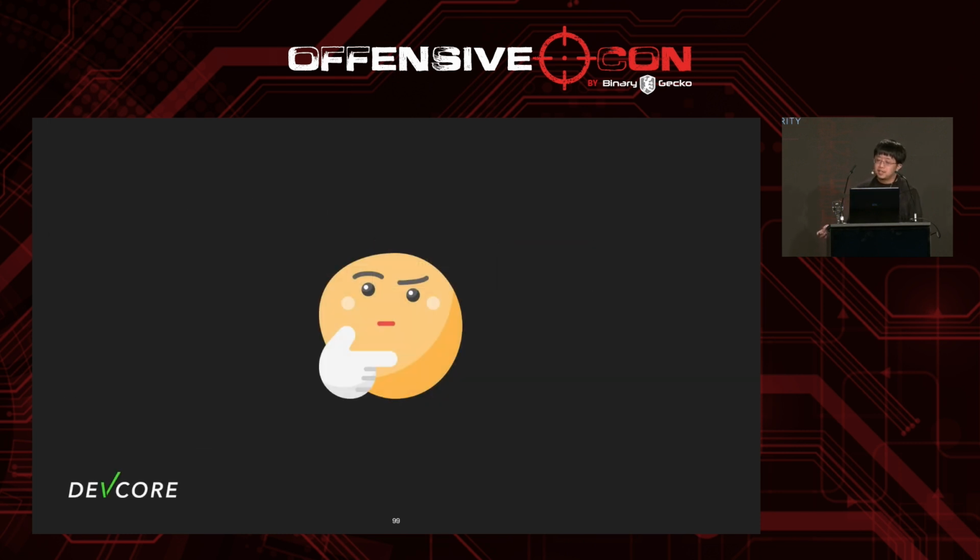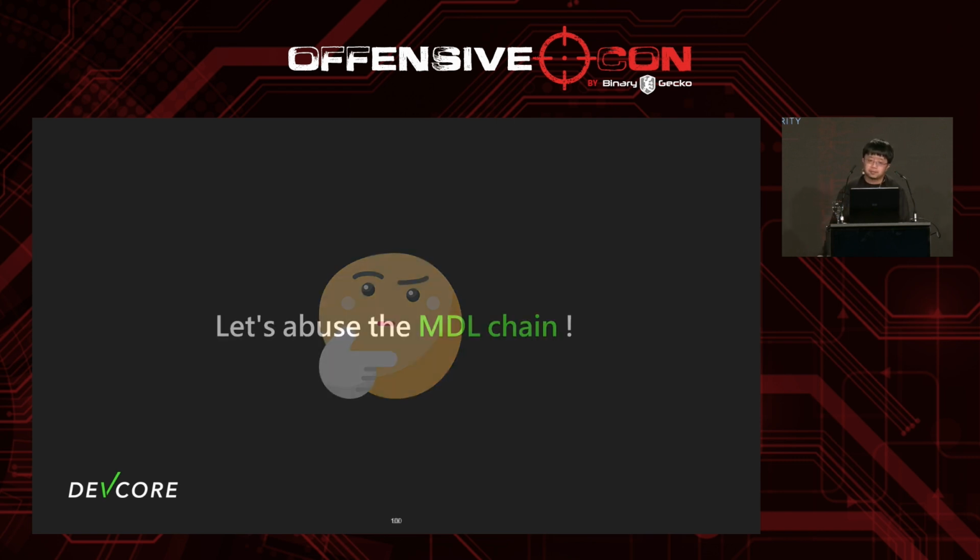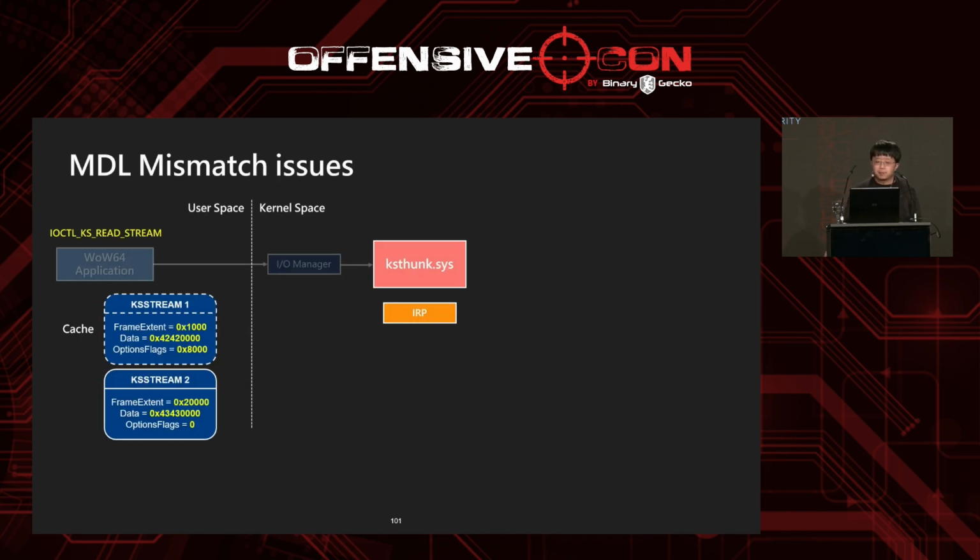But is it really safe? There seems to be some inconsistency. Let's abuse the MDL chain. Suppose we submit 2 frames. For the first one, we set the buffer size to 0x1000 and enable the cache flag.